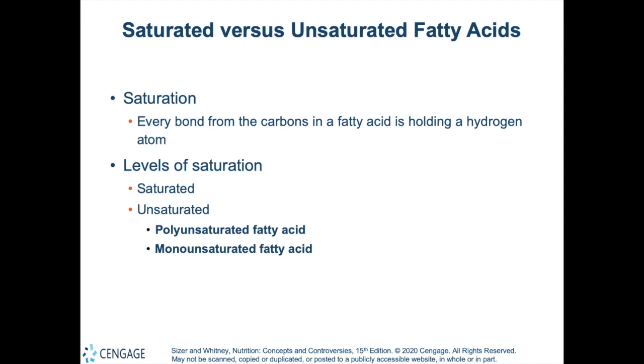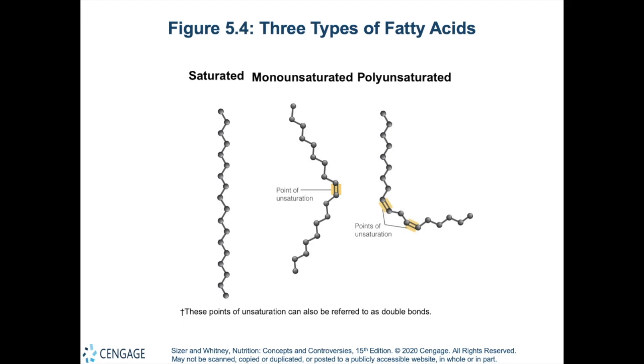Carbons have 4 positions to which other atoms, whether it's a carbon, oxygen, hydrogen, or another functional group like an alcohol group, can be bonded. Where the bond between 2 carbons is unsaturated, this can be called a double bond. A double bond or unsaturation results in a change in the shape of the fatty acid and thus the triglyceride. So let's have a look at that in the context of this illustration.